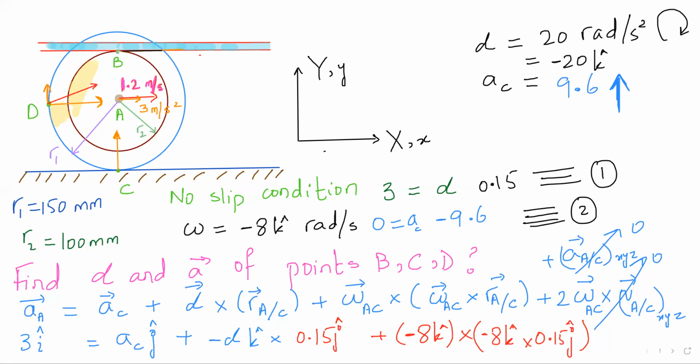Hang on, 5i and minus 6.4 j. And I am getting this yellow arrow. This is the direction of the acceleration. 5i meter per second square, and negative 6.4 j, meter per second square.